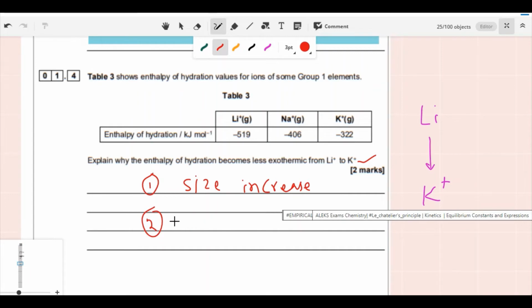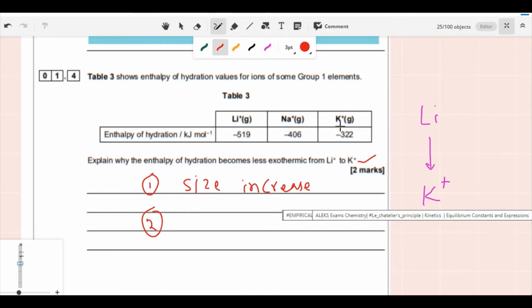Now the second one will be the electrostatic attraction between the metal ions, for example lithium, sodium and potassium. Because that is the enthalpy of hydration, it means the electrostatic force of attraction between metal ions and oxygen of water.